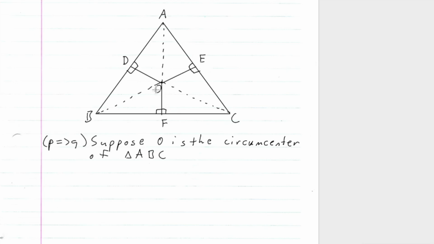that O, right? So, of course, this implies that OD is perpendicular to AB, where AD is congruent to DB.